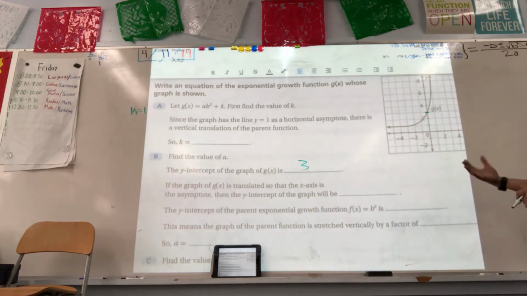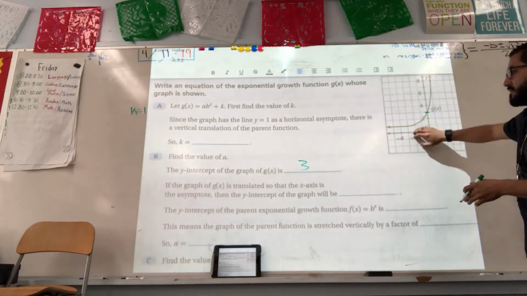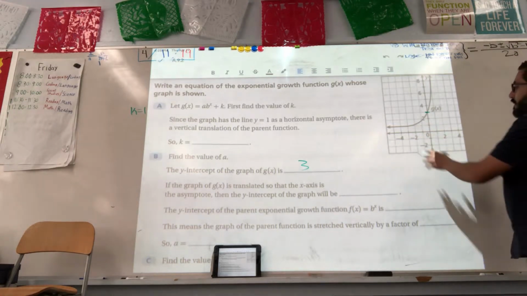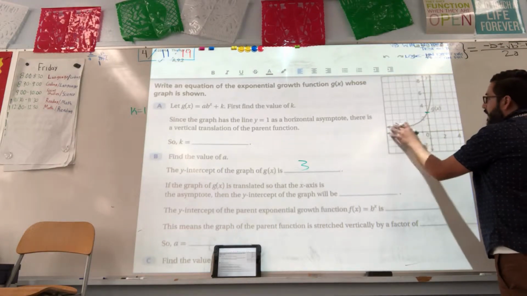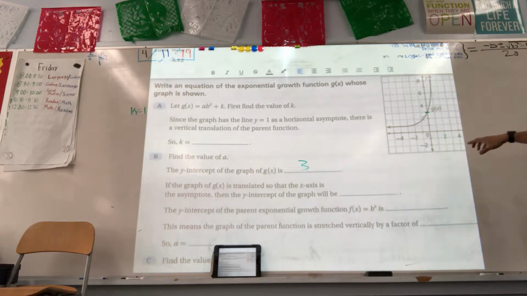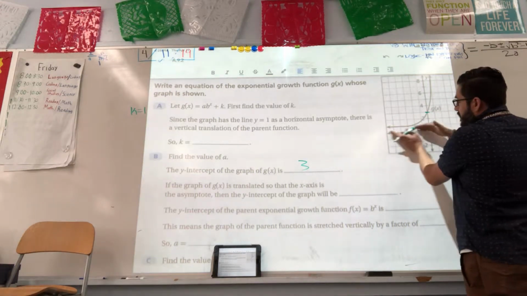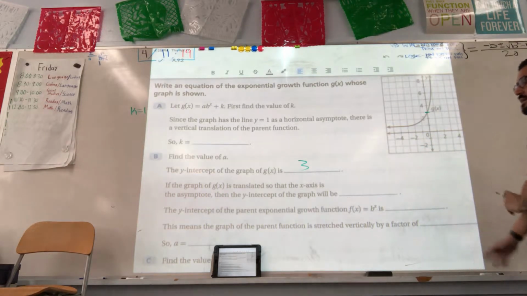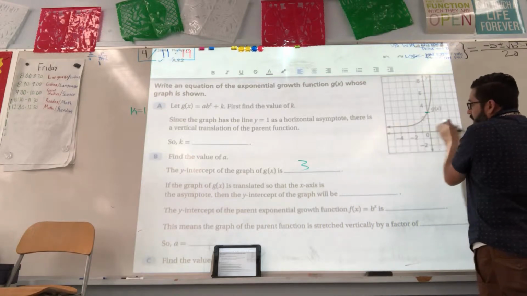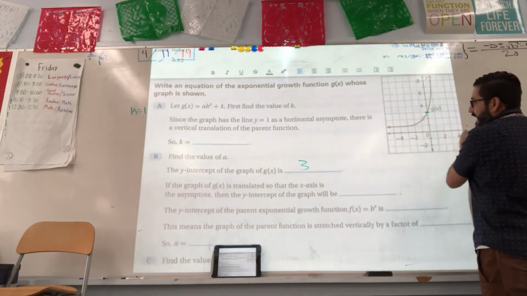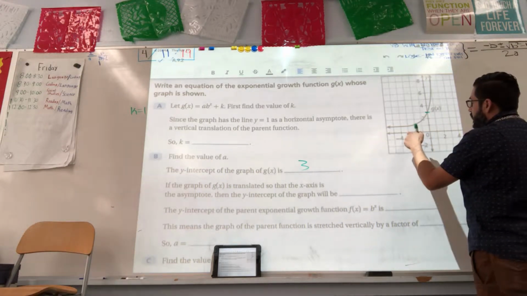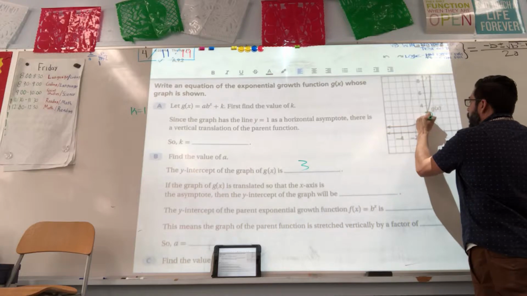The graph of g of x is translated, so the x-axis is not the asymptote. So when we had our parent function, we had to move it up here. That's where we got that k, right? Well, if we translate this so the x-axis is the asymptote, the new line that this graph approaches and never touches, then the y-intercept would be, well, 1 is our asymptote now, we want the x-axis to be our new asymptote, or 0, so we need to move it down 1, right?